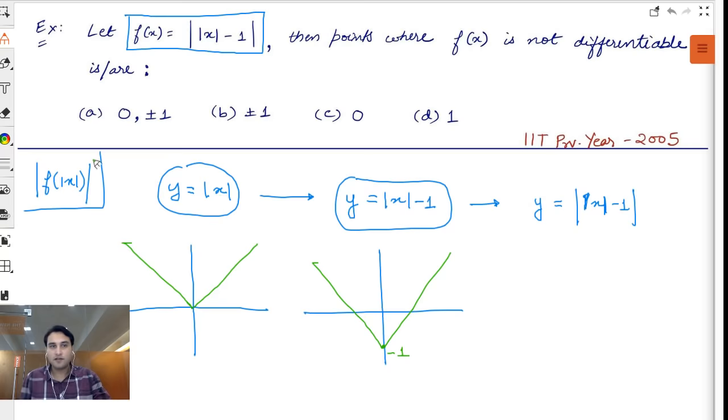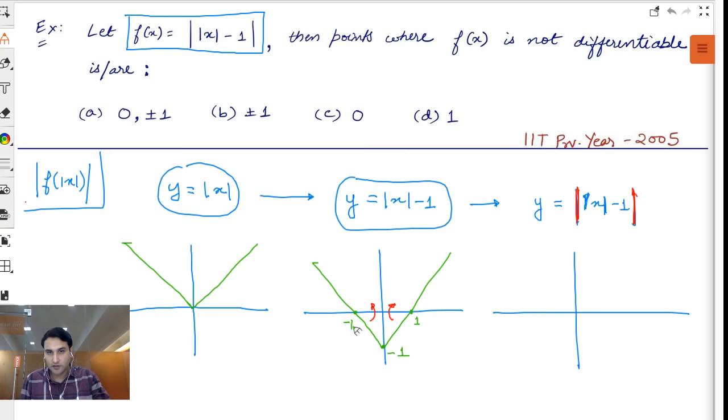Now Baba has come. Now you got a Baba. What will Baba do? In this graph, Baba will take the negativity and make it positive. That's it. Done, problem solved. What is the graph like? Look, what a super easy graph it became. What will this point be? This point will be 1, because if you put x equal to 1 in mod x minus 1, it becomes 0.